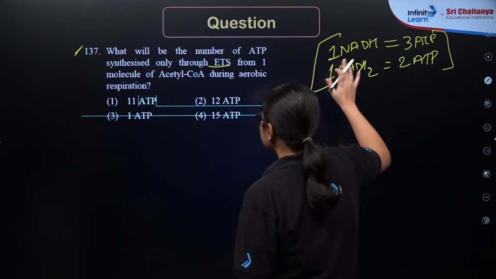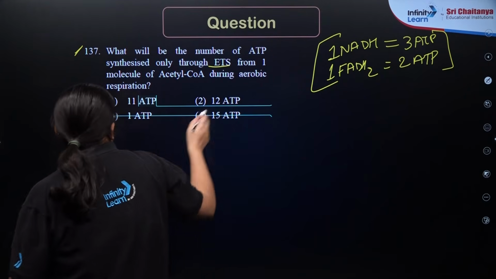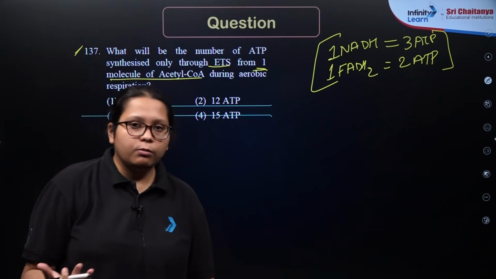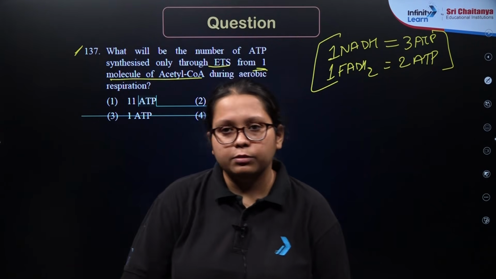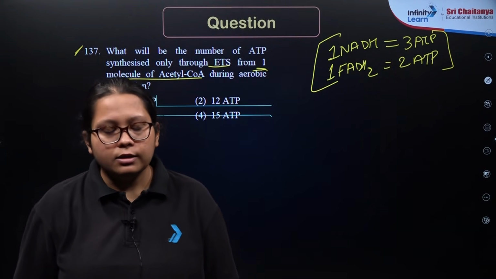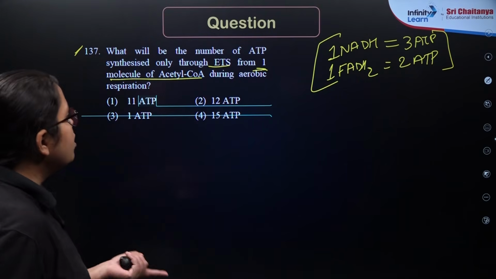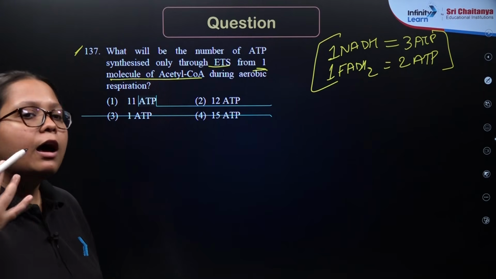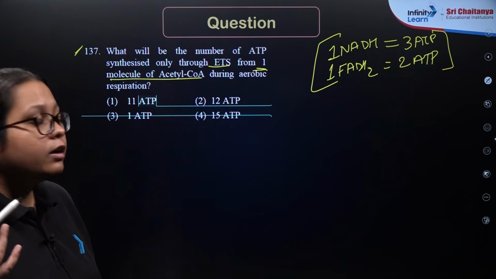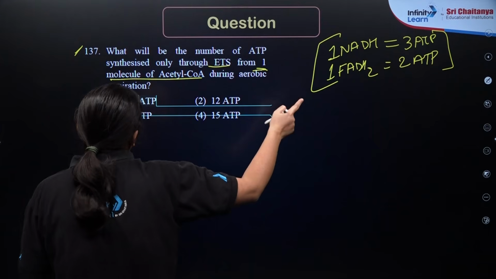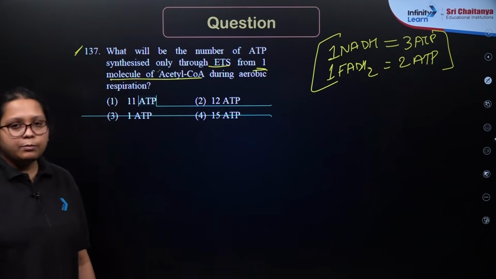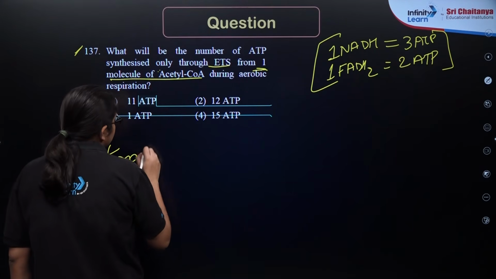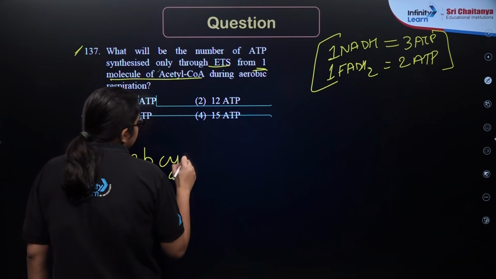So we will need NADH and FADH2. Okay. So here it is saying, from one molecule of acetyl-CoA. Acetyl-CoA is formed after pyruvic acid is converted to acetyl-CoA in the link reaction, so whatever NADH and FADH2 we get is from acetyl-CoA going through the Krebs cycle.